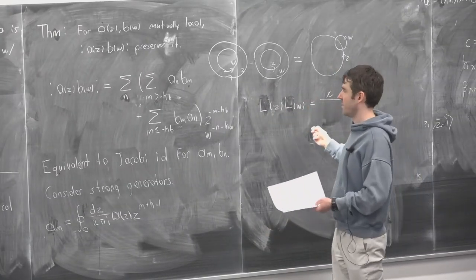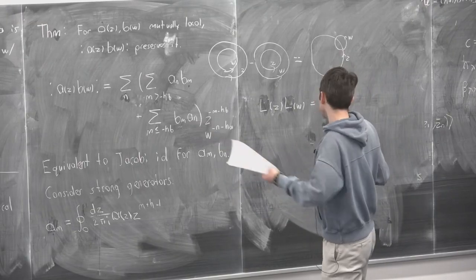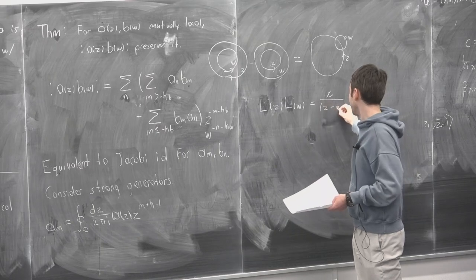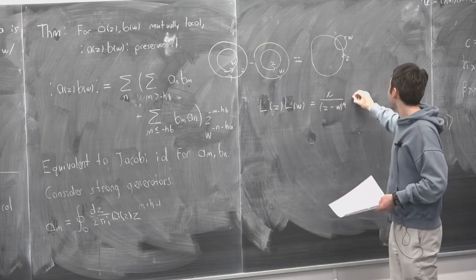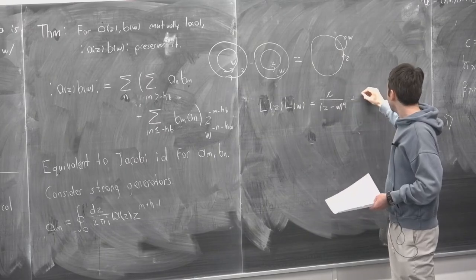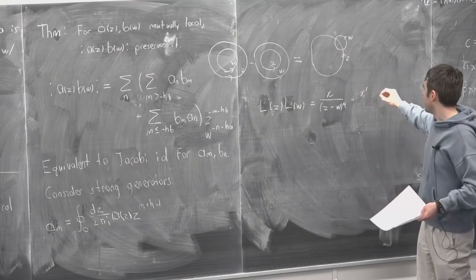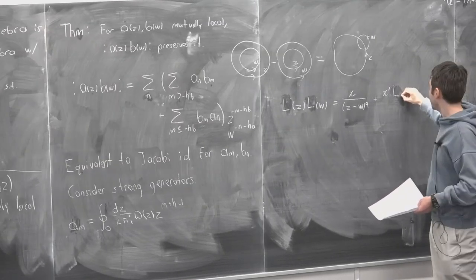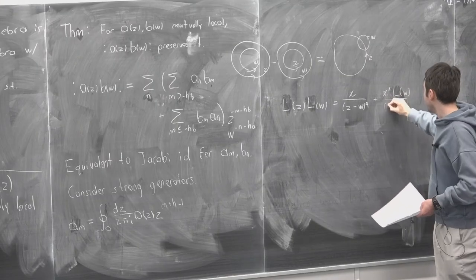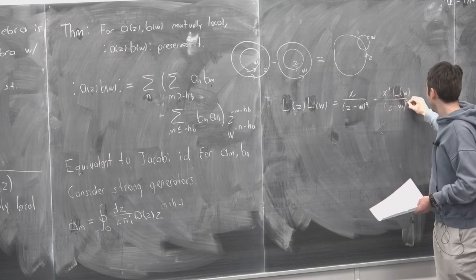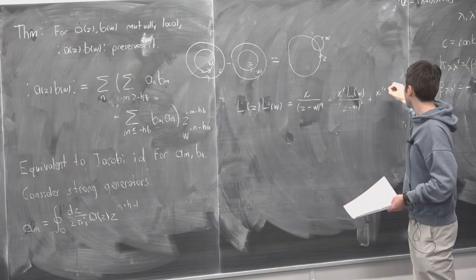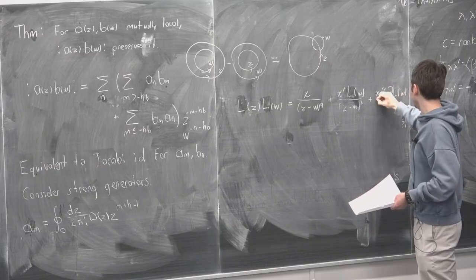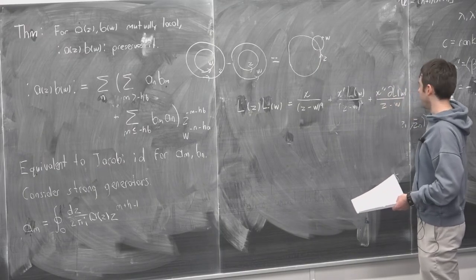I usually write T, but here it's better to write L. So they have a weight of 2. So the maximum singularity here can be Z minus W to the 4th. Then there'll be some other coefficient with L having weight 2. And that means you can have Z minus W squared. And then some other coefficient with the derivative of L at W. And this is singular, and then nothing else is singular.